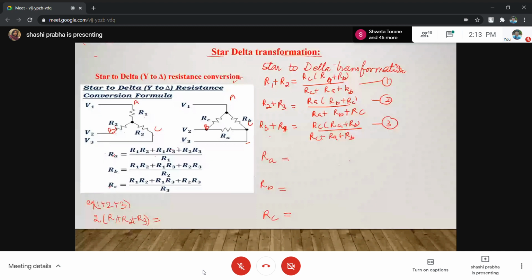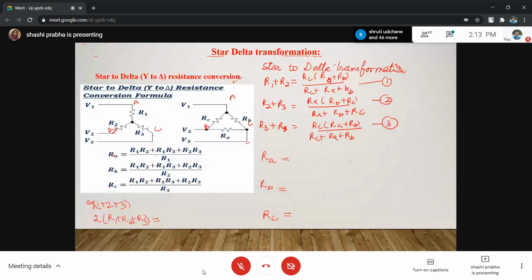Right hand side when we add, this is RCRA. दो बार RCRA मिला न्यूमरेटर में. RCRB, RARB.